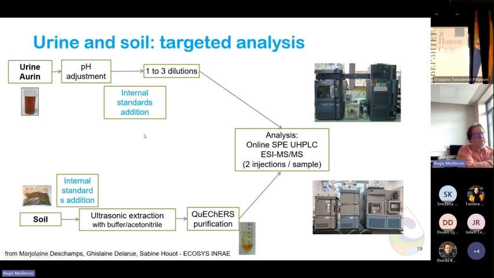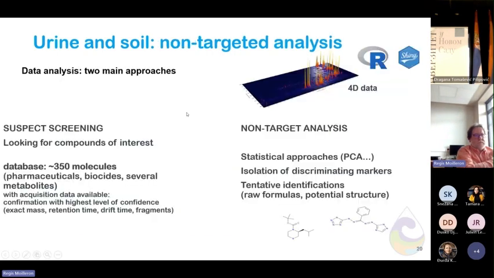And for liquid samples, they don't do any previous extraction. They just analyze directly with the online SPE injection, and they are able to reach interesting levels around the nanogram per liter levels.